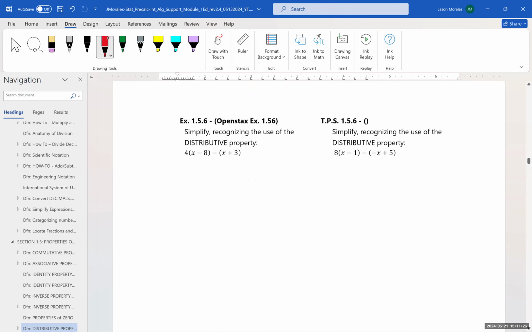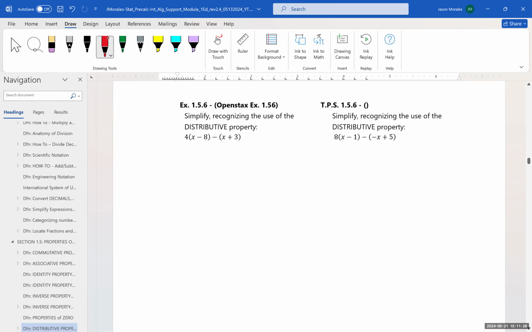Let's look at this next one. This one is progressively a little more difficult because we have to apply the distributive property twice. Again, we've got these grouping symbols, and we can't add or subtract what's inside the grouping symbols because we don't have like terms. So we're going to distribute, and we're going to distribute.